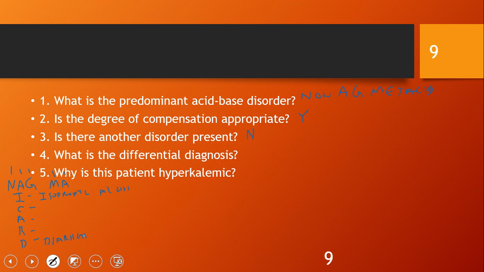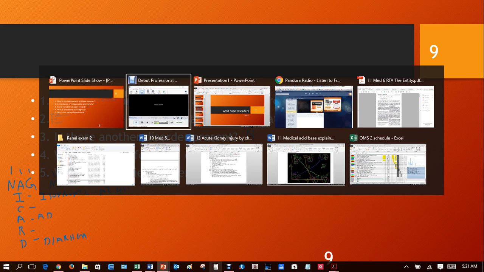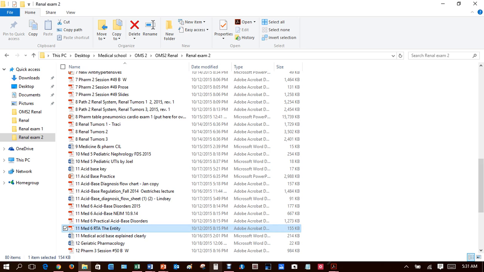I'm probably going to have to look this up. I think this is Addison's. That could have been diabetes. Hold on, let me look this up. I want to pull up my key. I don't want to steer you guys wrong.